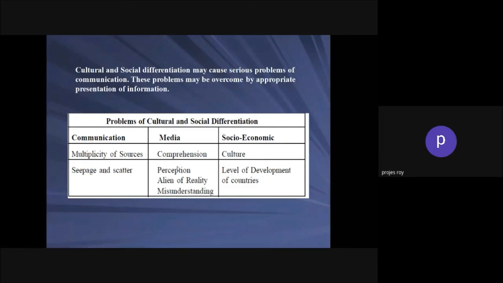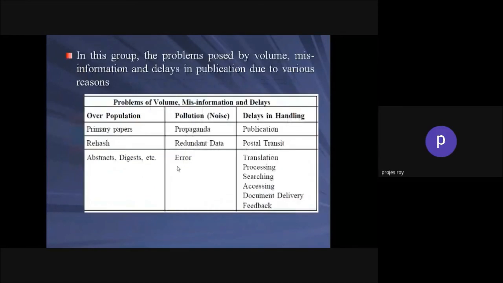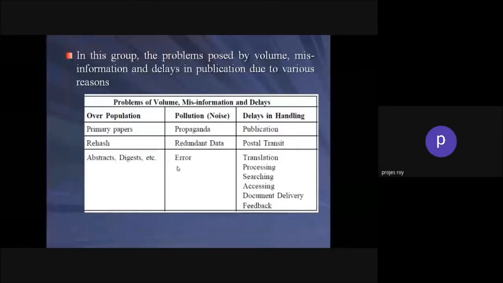Here, in the group, is the problem posed by volume, misinformation and delay in publication due to various reasons. Primary papers, propaganda, publication, rehearse, redundant data, postal transit, abstract, digest, error, translation, processing, searching, accessing, document delivery, feedback, etc. So these are the delays in handling.